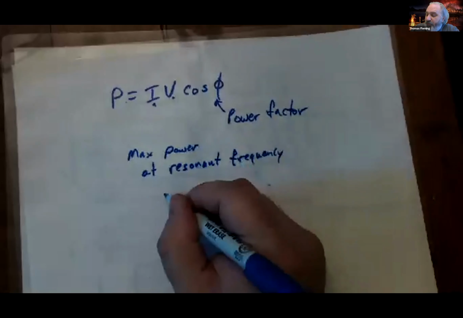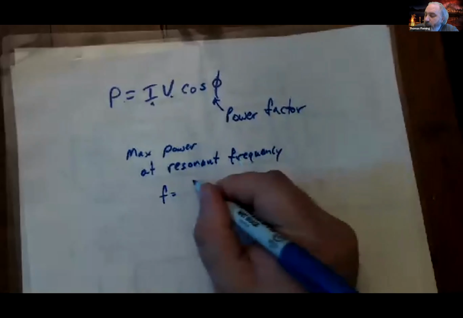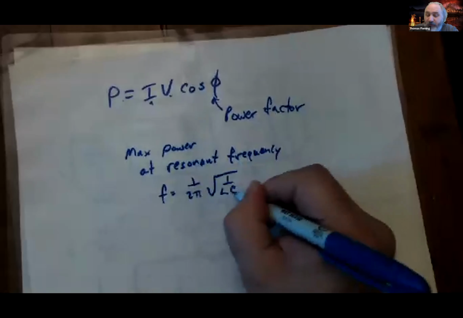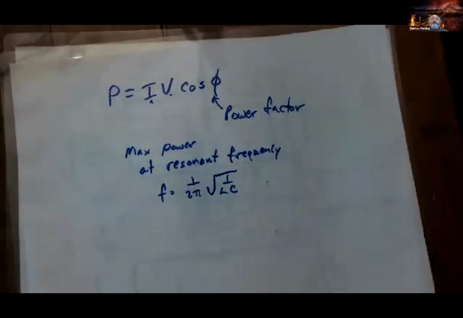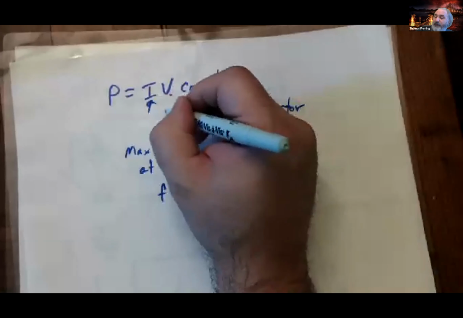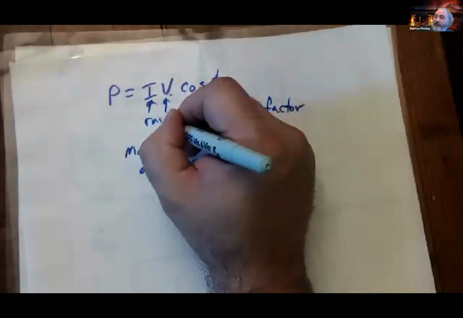Remember, the resonant frequency was 1 over 2 pi times the square root of 1 over LC. We did that the other day. The other thing that I should point out is that if I'm using this power calculation, both I and V need to be the RMS values.